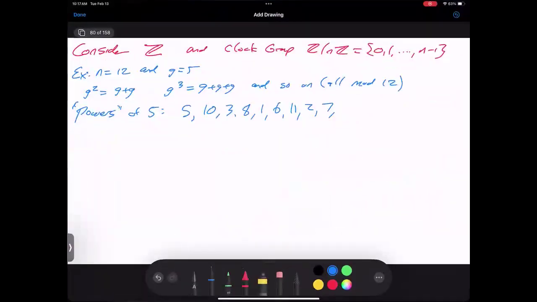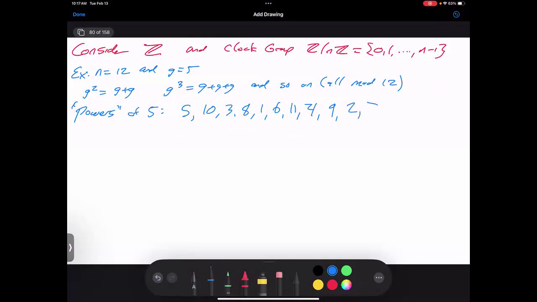Now I made a mistake. But I can change the 2 to a 4 very easily. Then we go from 4 to 9. 9 plus 5 is 14, which is 2. That's where the 2 is. Then that goes to 7. Then 7 plus 5 on the clock is 0. And then what comes next? 5. And so it's then going to cycle back.